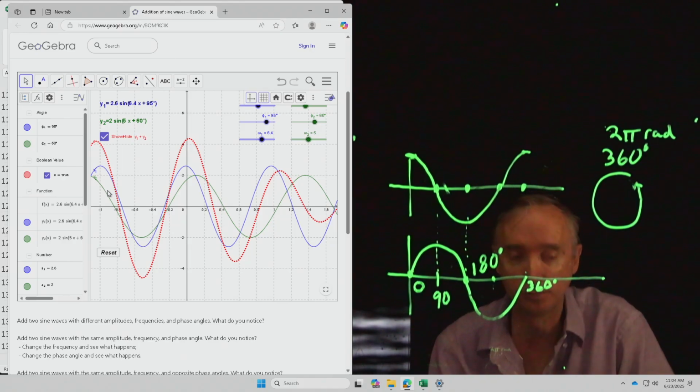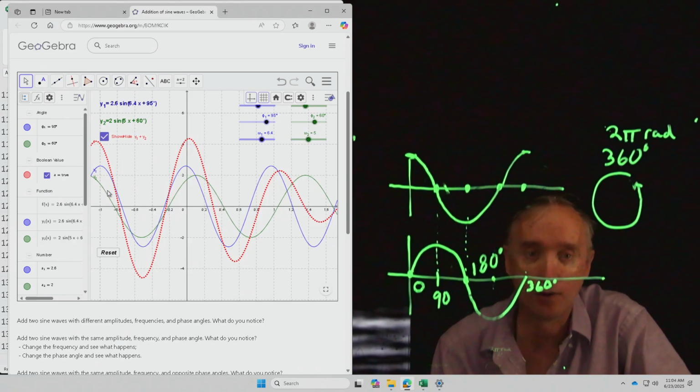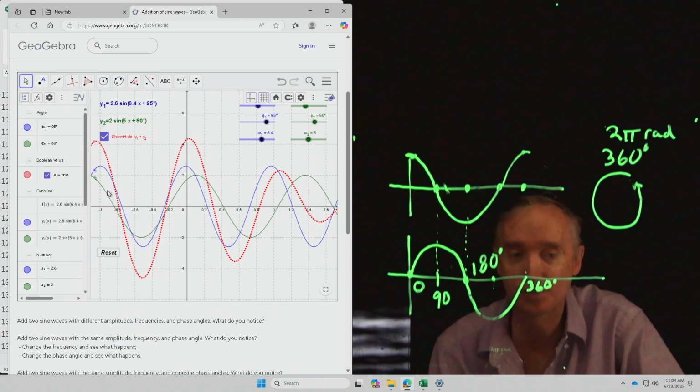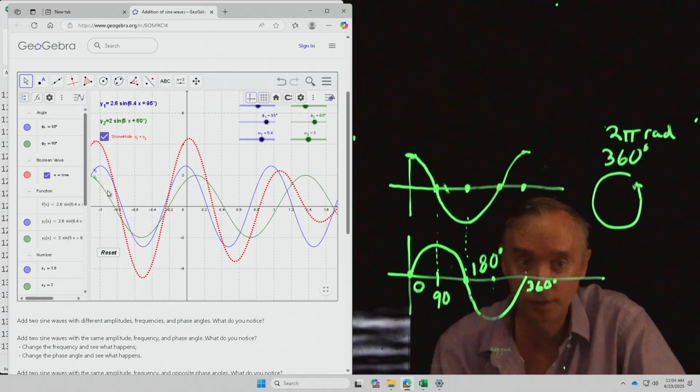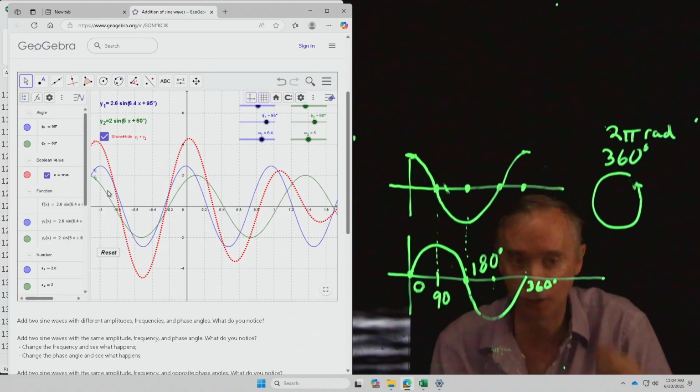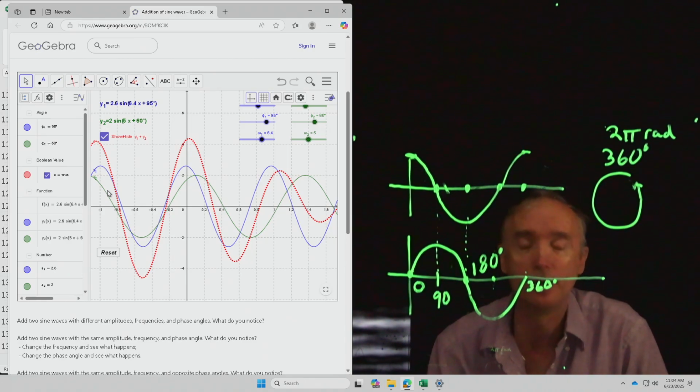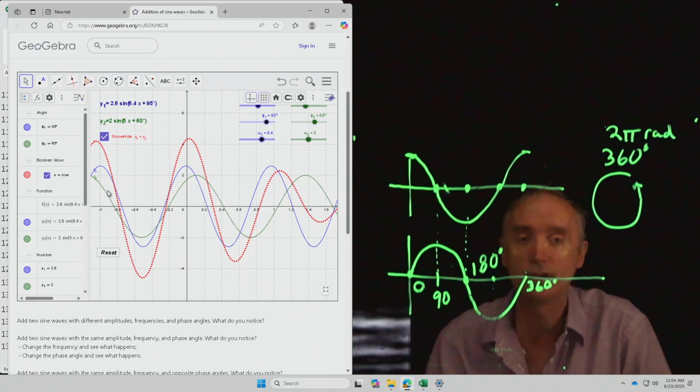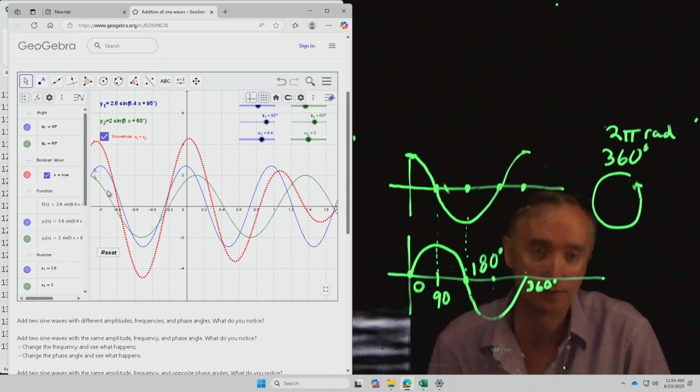Now, your goal is to figure out when constructive and destructive interference occur. I'm not going to tell you. If you don't know, go to the internet and find out what constructive and destructive interference are.